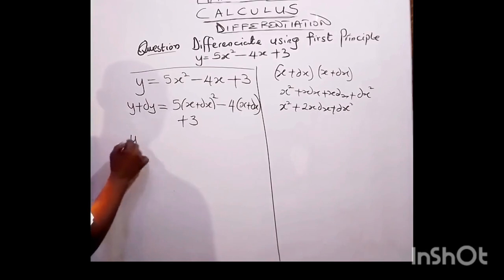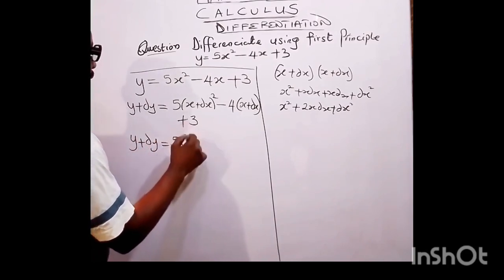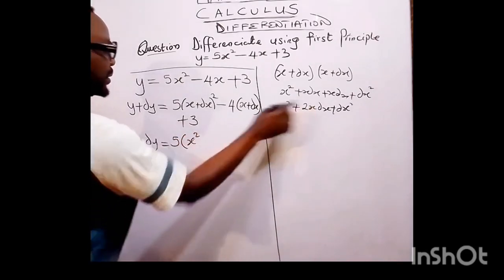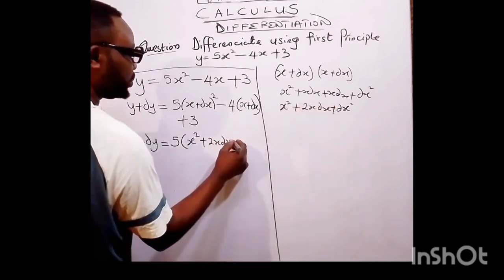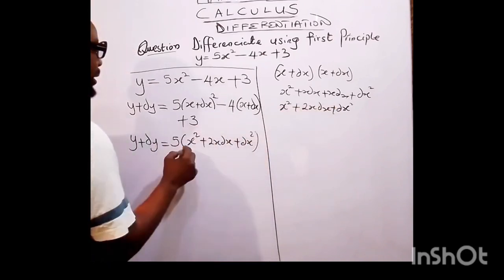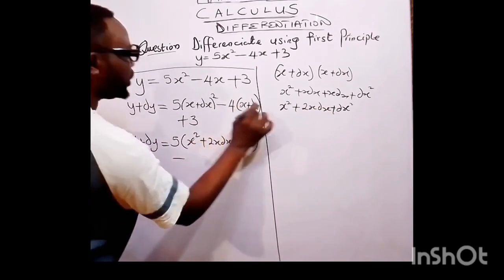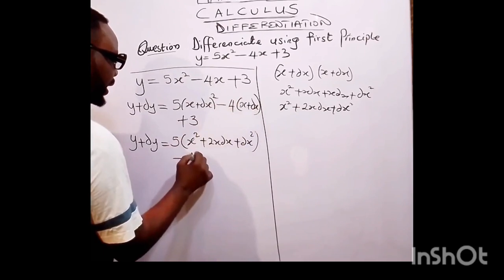So we now insert that value into this position. We are going to have y plus dy equal to 5 into bracket x squared plus 2x dx plus dx squared, close the bracket, minus, let's open up this bracket now, minus 4 times x, that's minus 4x.